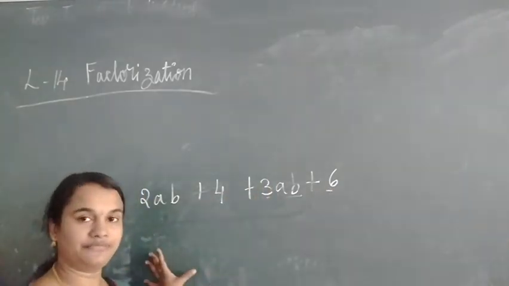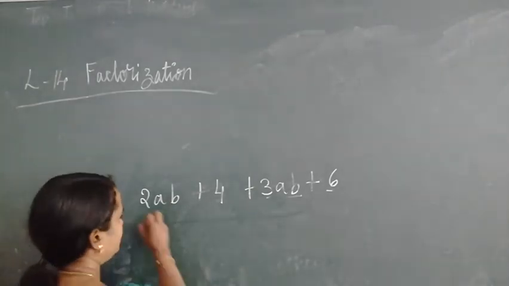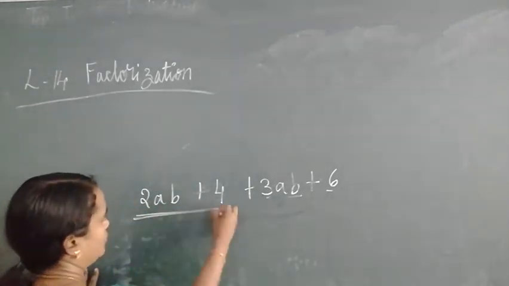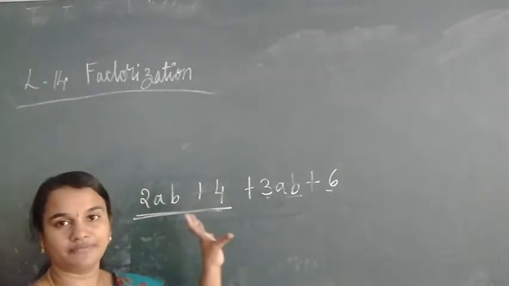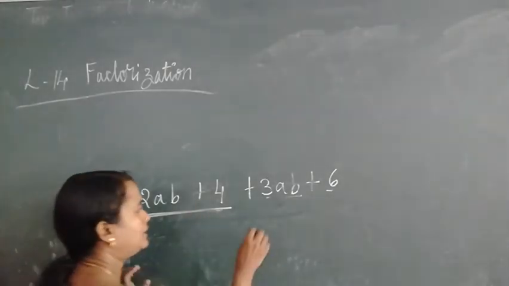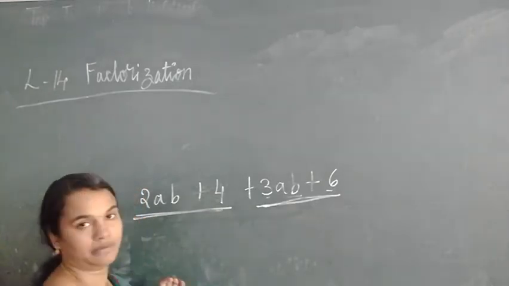So if we get questions like this, first we will make two numbers one group, and after that we will find out the common number.